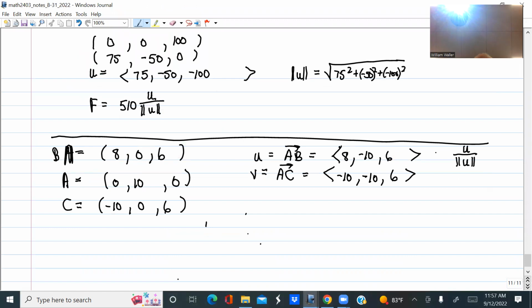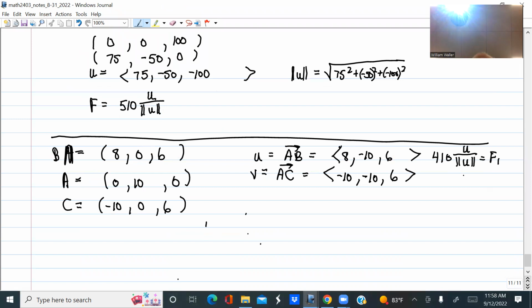So just multiply that by 410. So that's going to be a little bit messy, right? Okay, but that's the arithmetic you need. And let's just call that F sub 1. All right, so that's the force vector that represents the tension on that rope from A to B.